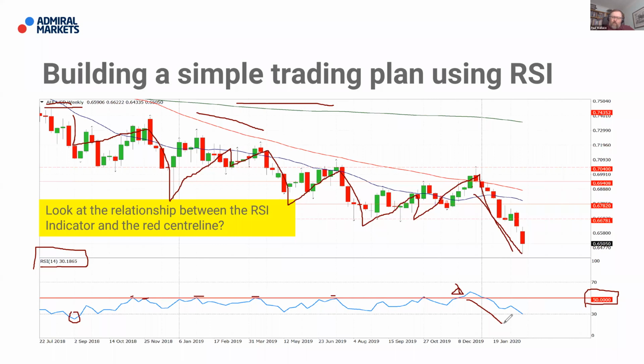As I said, what we're looking for is to use that center line as almost an indicator for whether we should have a bullish or bearish bias in our trade view. Utilizing that just makes it quite simple for us. It's quite visual. You can take a reading and very quickly identify whether we are in a bullish opportunity or a bearish opportunity, just by using that 50 center line on the RSI.